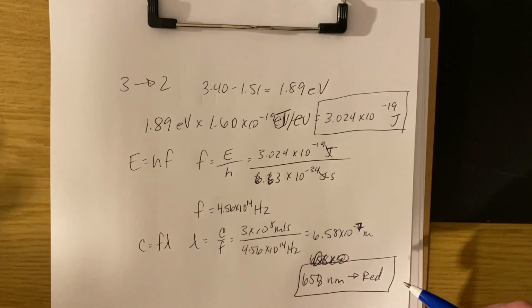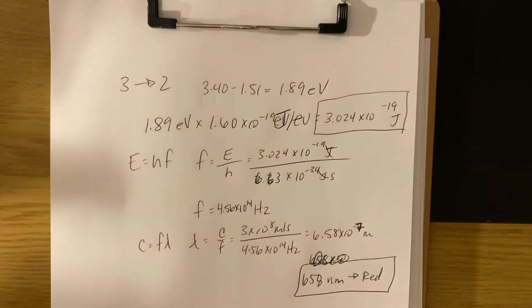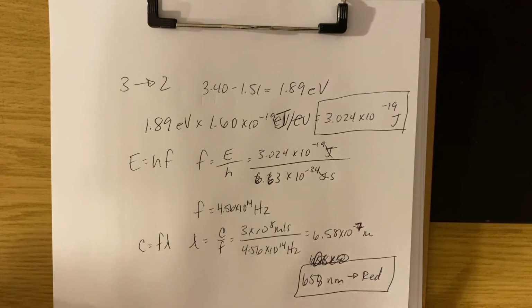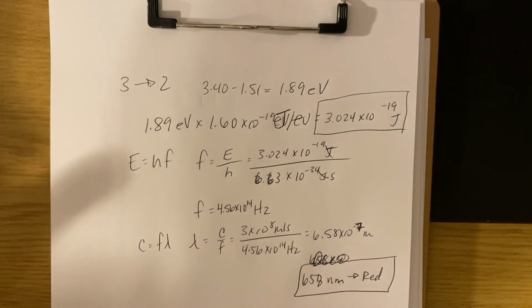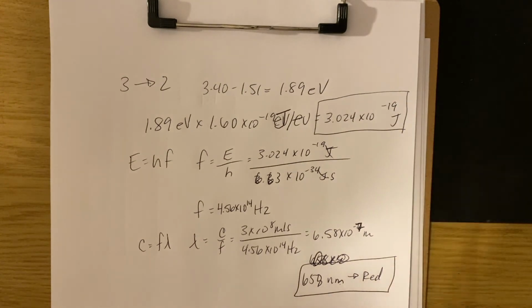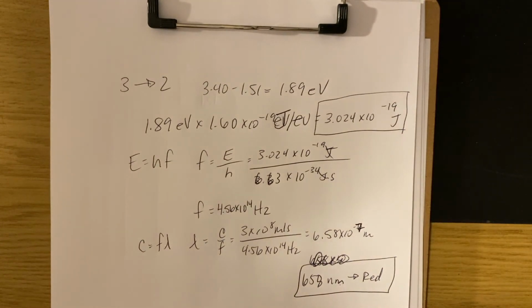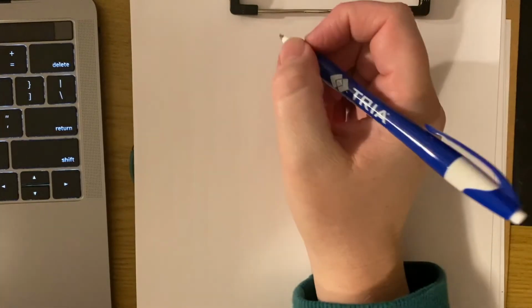So what we can do then is see if we can work in the other way. If we don't know the energy that's being released, but we know the wavelength of the light that's being emitted, or of that electromagnetic wave, then we could figure out what energy is being released. In the data book, you'll see two equations.